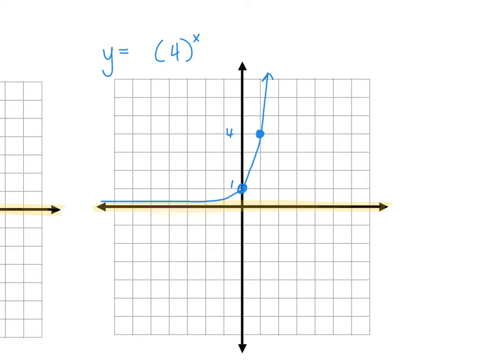Every exponential graph has a domain of all real numbers, and the reason that it has a domain of all real numbers is because there's no square roots and there's no denominators. And if there's no square roots and there's no denominators, then the domain is all real numbers. The range still follows the rules of minimum to maximum. So what is the minimum for this graph?